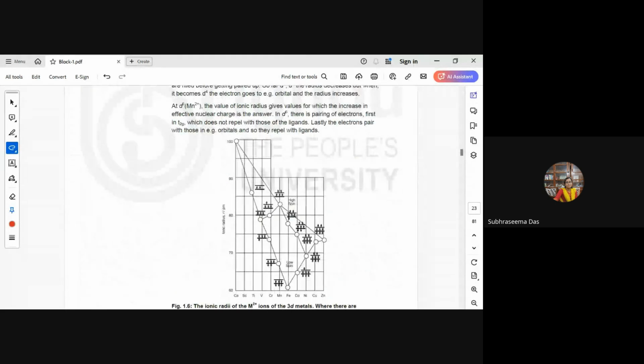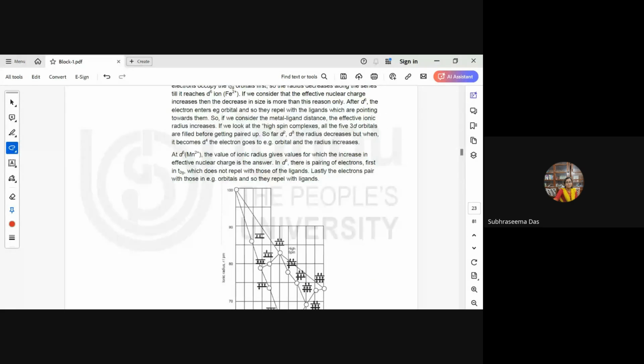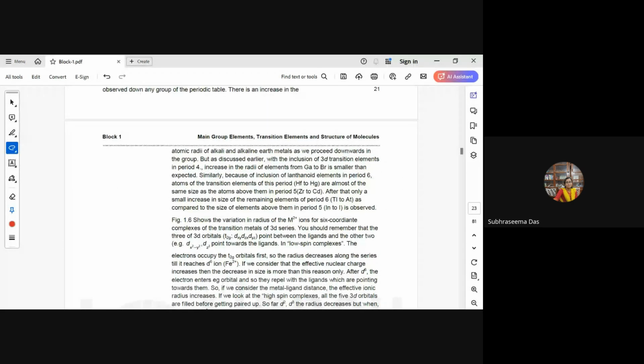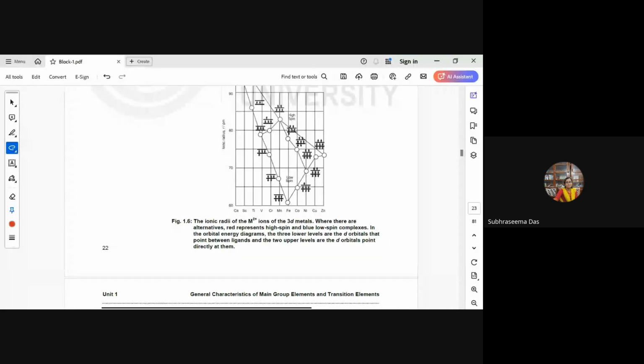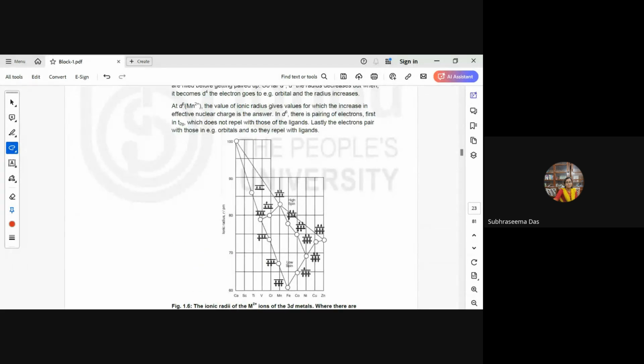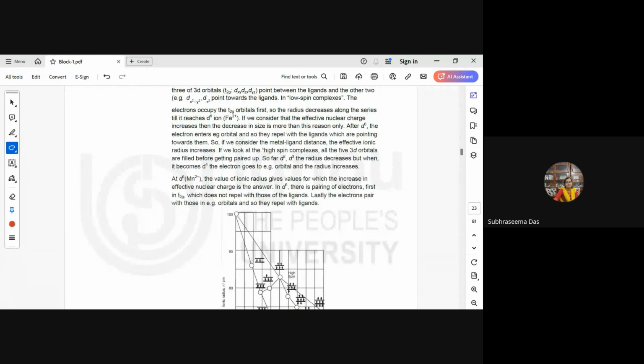Now figure 1.6 shows the variation of the radius of M2+ ions for six-coordinate complexes of the transition metals of the 3d series. These are the low spin complexes shown here. Here we can see what happens to the ionic radii, the decrease and increase. At d5, the value of the ionic radius reflects the increase in Z star.